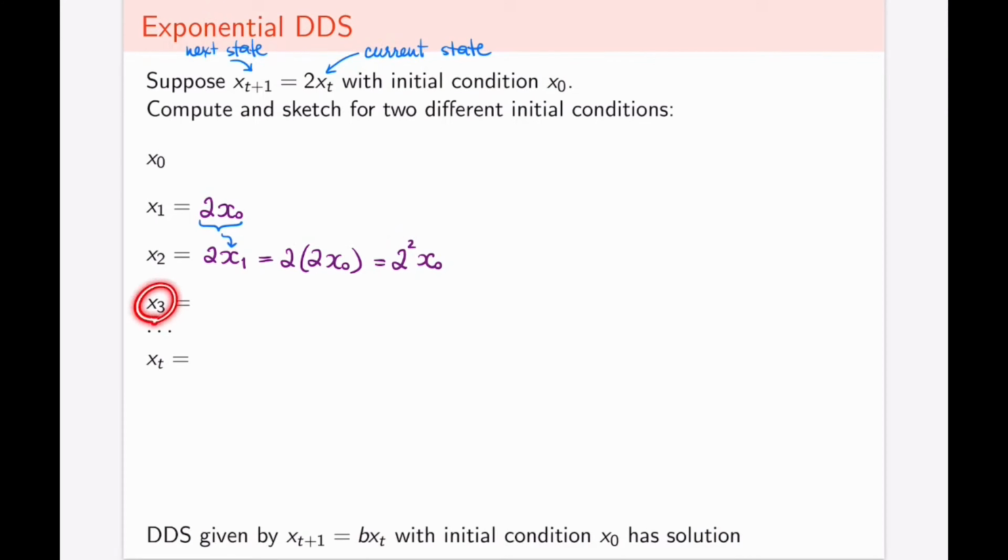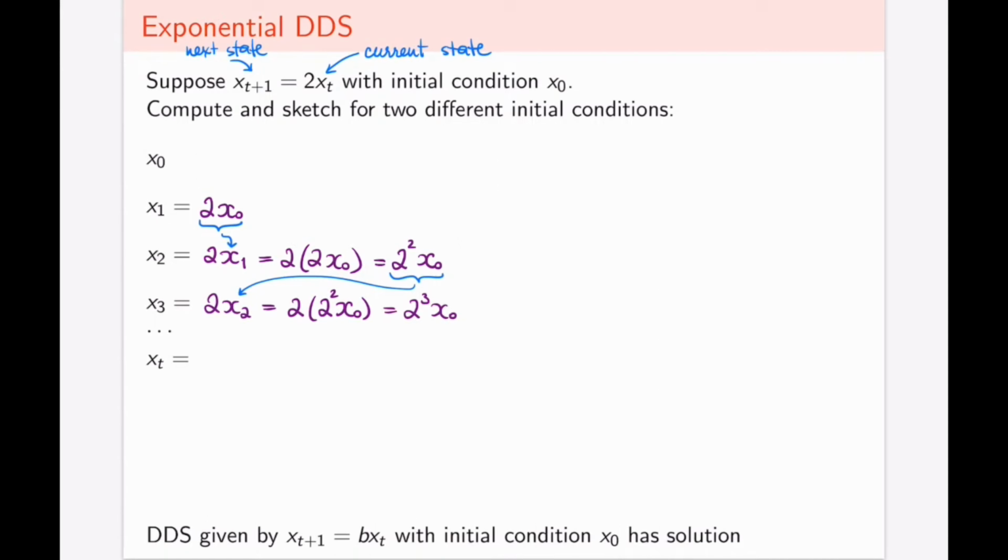For the next one, for x3, the next state is double the previous, so 2 x2, and x2 is given to me by 2 squared x naught. So I'm going to take this expression for x2 and plug it in. Altogether, I'm going to have double the 2 squared x naught, or if I combine the powers of 2 together, I'm going to get 2 cubed.